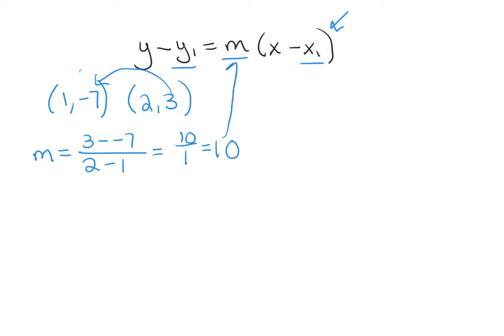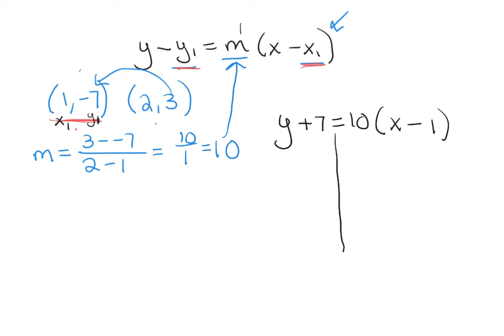So I'll be plugging in 10 here. Now you can choose either point to plug in for your y1 and your x1. Both points will result in the same final answer. Okay, so if I start with y minus, what's my y1? -7, so that goes to +7 equals m, which is 10, and then x minus my x1, which is 1.